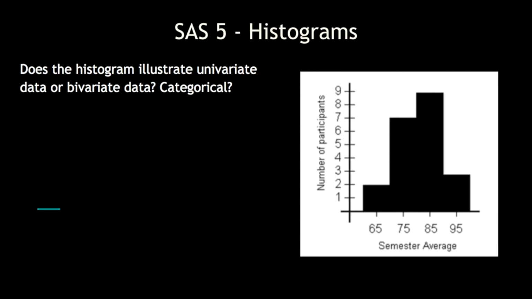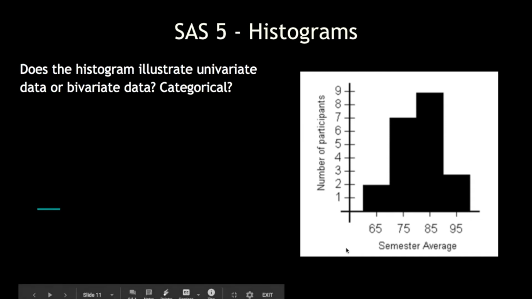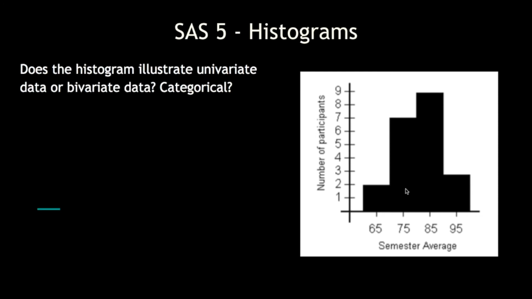So the X values is the average grade per semester, and the Y value is the number of participants. Remember, we talked about when we're talking about frequency, that is a univariate value. So the number of students that got a 65 is 2, and the number of students that got a 75 is 7. Well, let's put it this way.